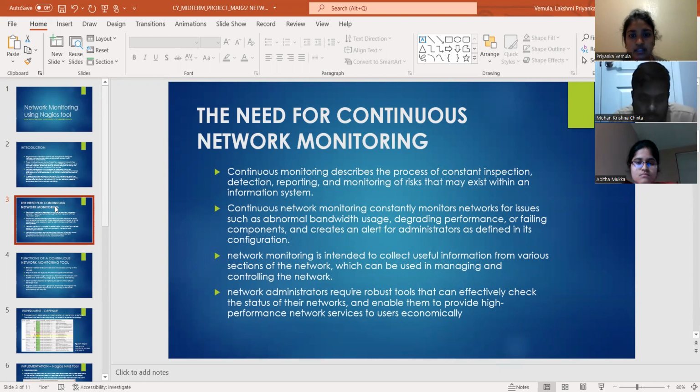Network monitoring is intended to collect useful information from various sections of the network, which can be used in managing and controlling the network. Network administrators require robust tools that can effectively check the status of their networks and enable them to provide high performance network services to users economically.